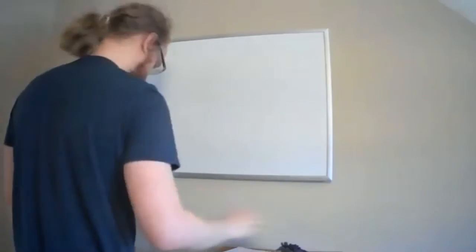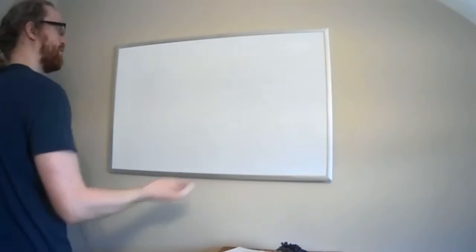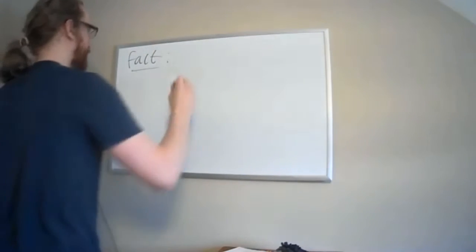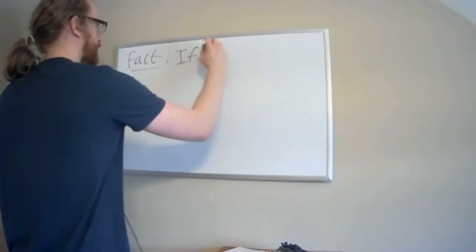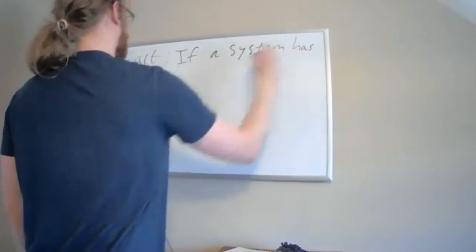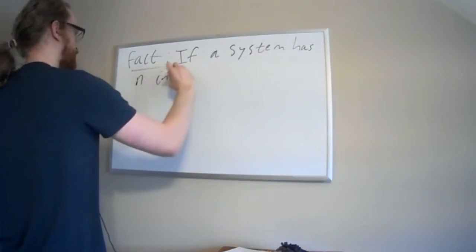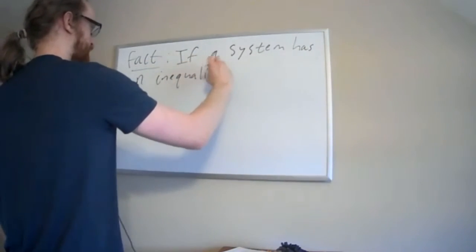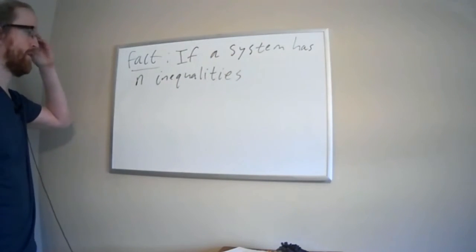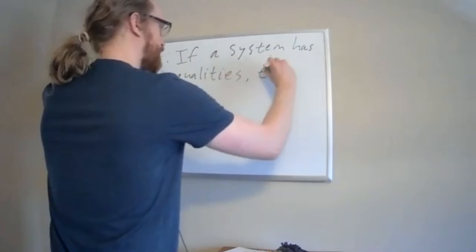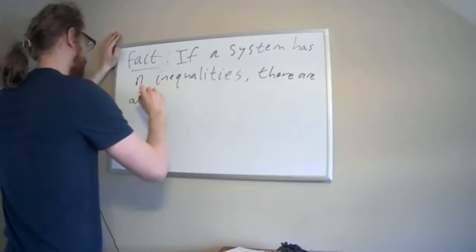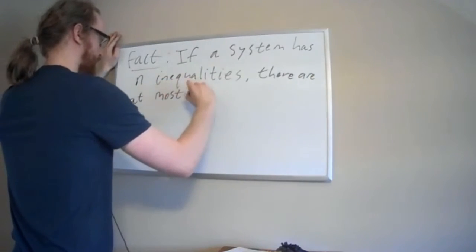That at least in this class, we can always basically assume that this is true. If a system has n inequalities, so if we're graphing a system of n inequalities, where n is just some positive whole number, then there are at most n corner points.